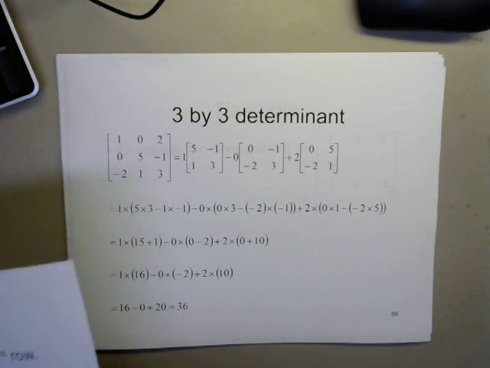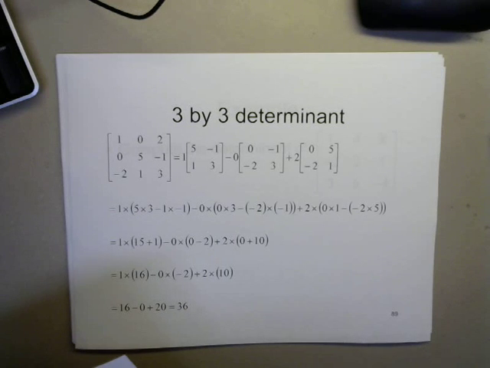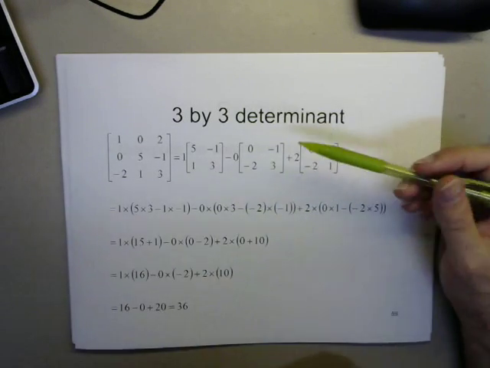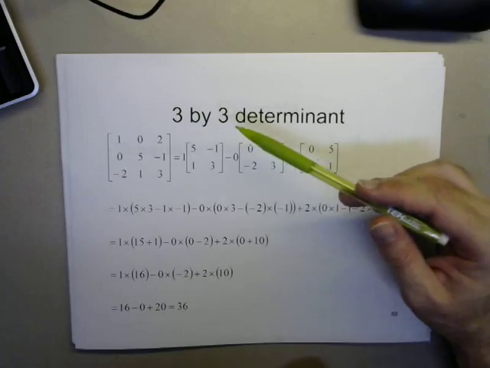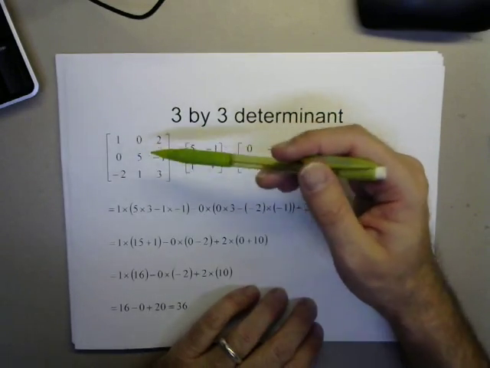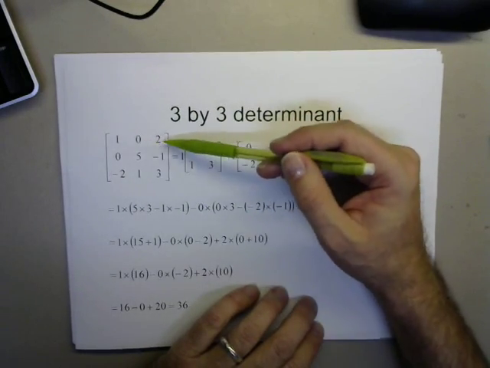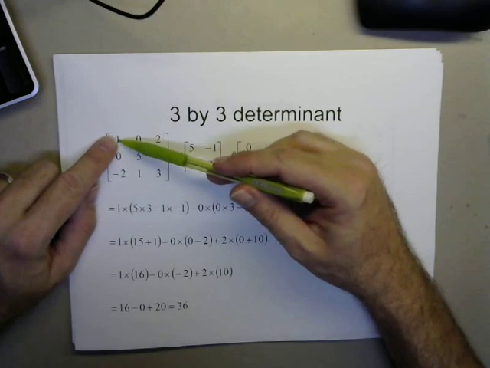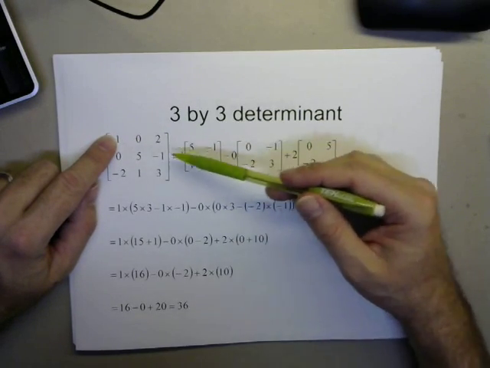So let's look at an example of the same determinant here, but let's expand along the first row. So this is the same one we just did. Just to show you that it doesn't matter what row or column we expand along. If I do the same calculation, expand along the first row, I'll get basically 1 times that.